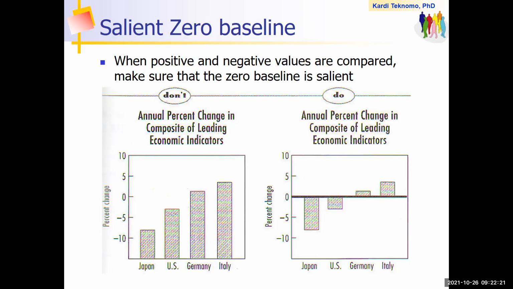Now again, left and right hand side here represent the same data. But when you put zero as the salient baseline, when you have positive and negative values and you want to compare, make sure that the zero baseline is visible, clearly salient.